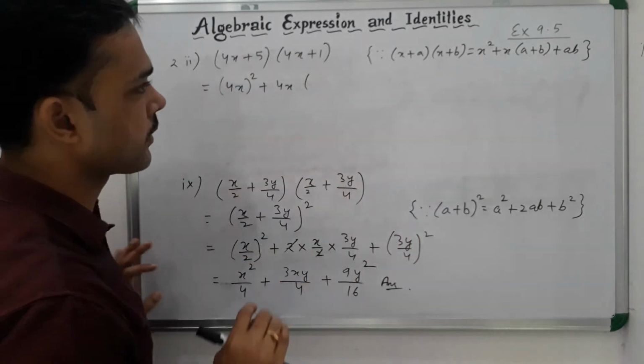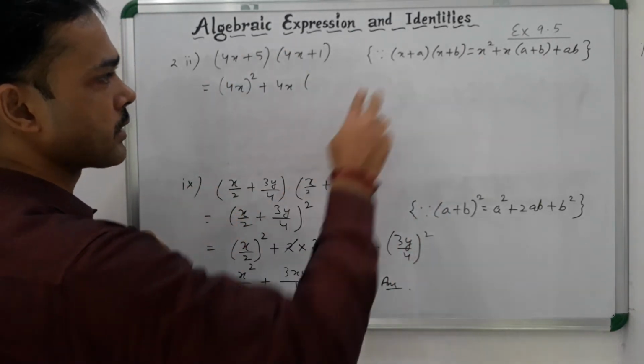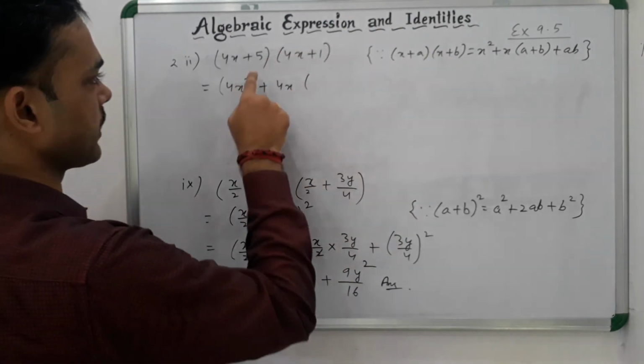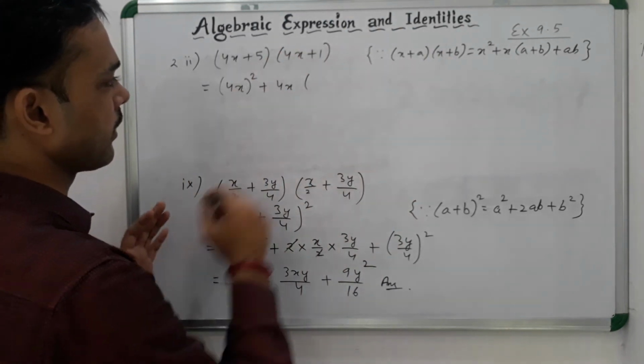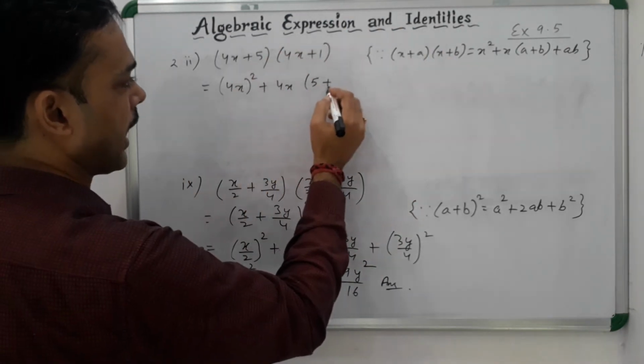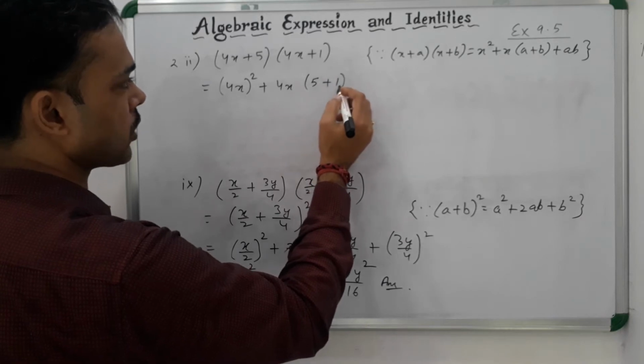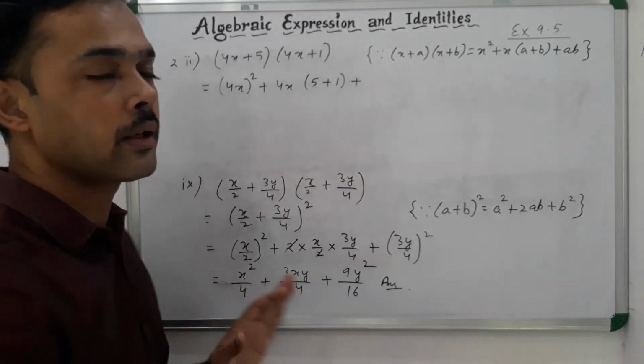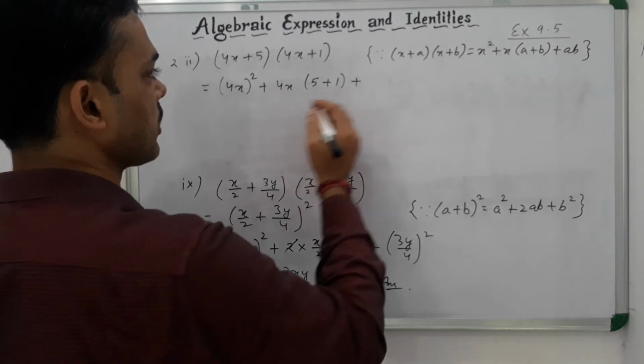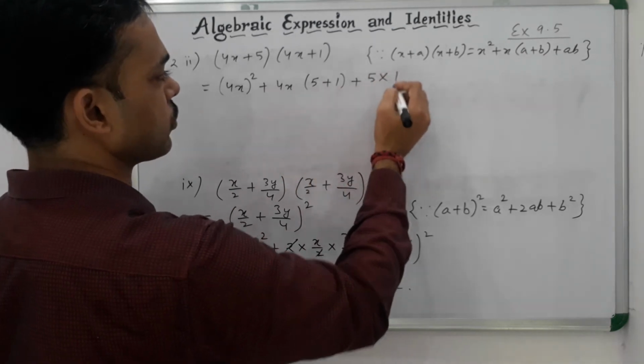The identity is x plus a into x plus b, so at place of a we have got 5, at place of b we have got 1, plus ab means a into b, so 5 into 1.